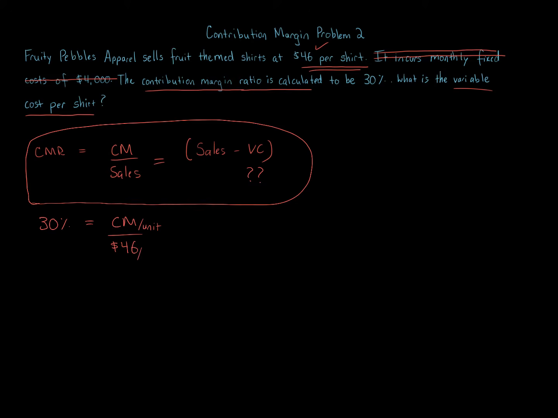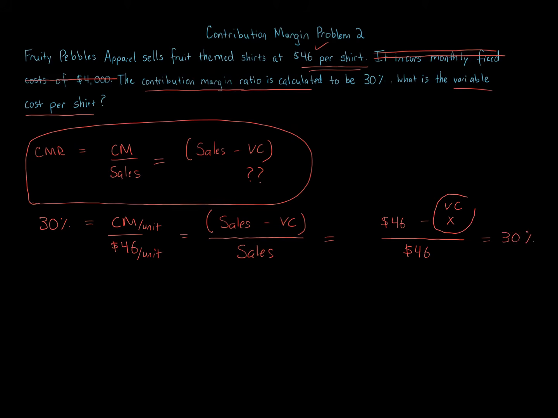If we take our sales minus our variable costs, and the contribution margin ratio is 30%, all over sales, we can solve for this. So $46 per unit minus variable costs, we'll call that X, all over $46 gives us 30%. So again, we're solving for X.